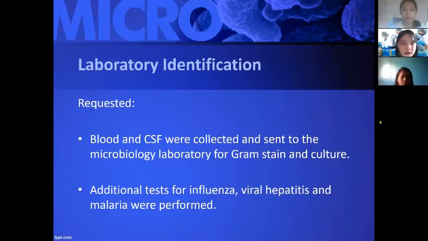For the laboratory identification, they collected blood and CSF as their samples for gram staining and culture, which will be sent to the microbiology laboratory. And he was also requested to have additional tests for influenza, viral hepatitis, and malaria.